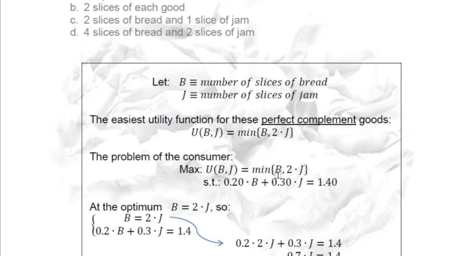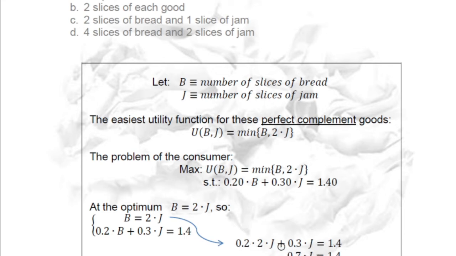So we equalize b to 2j, and we substitute it into the budget constraint. All these kinks, all these vertices of the L-shaped indifference curves, verify this. So when we substitute it, we have 0.2 times 2j plus 0.3j equal to 1.4.